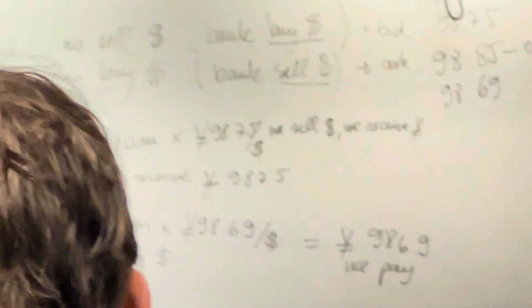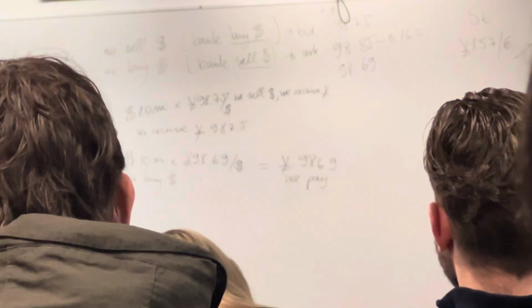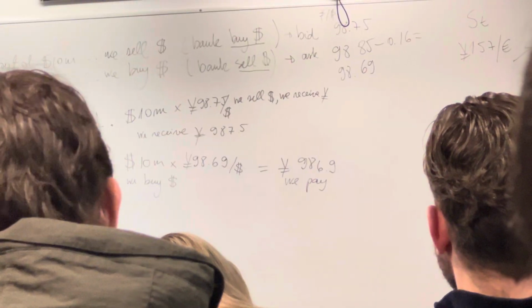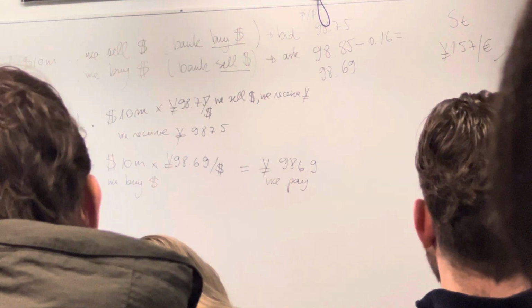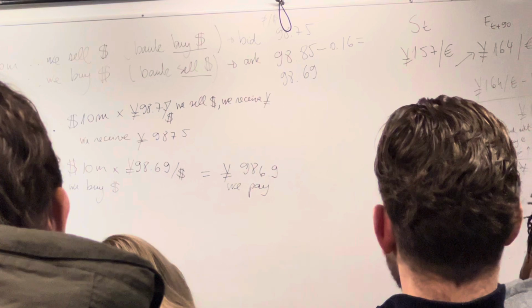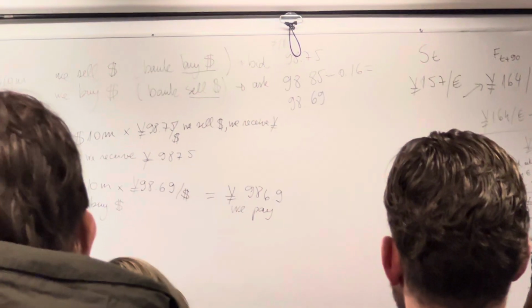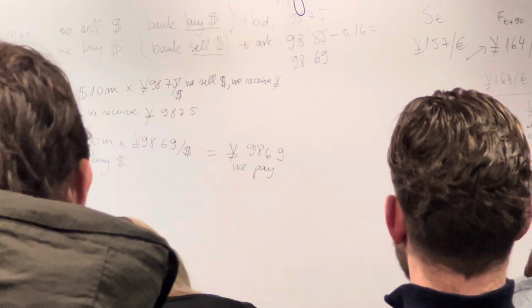Because we received more than what we paid, it seems, like 600,000. How would you convert that back to dollars? Well, you don't have to. You can just take the difference between the two rates and multiply it on the notional.